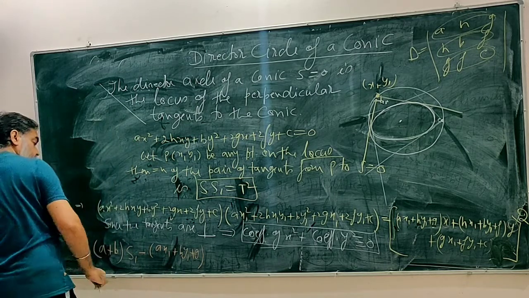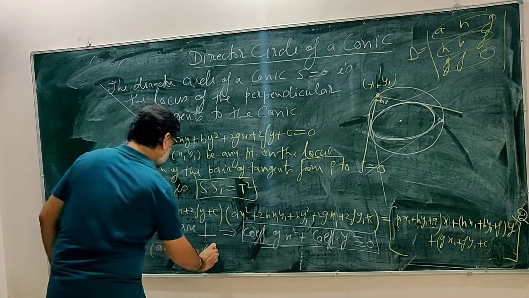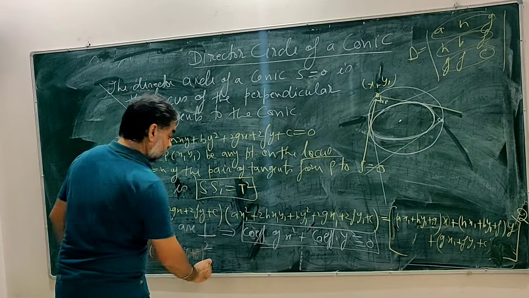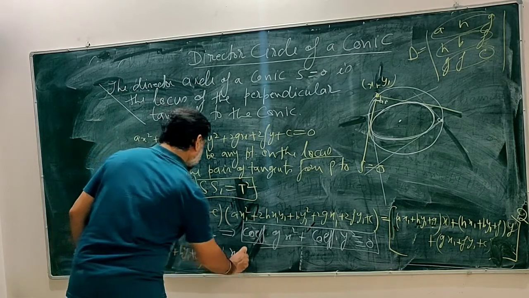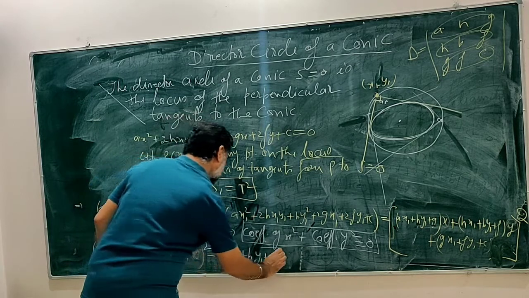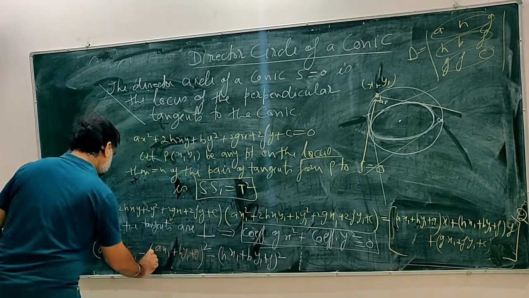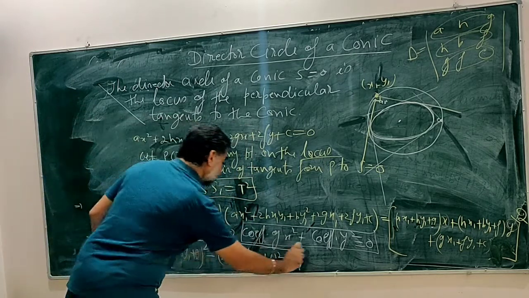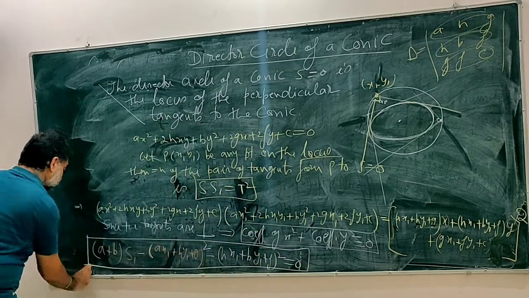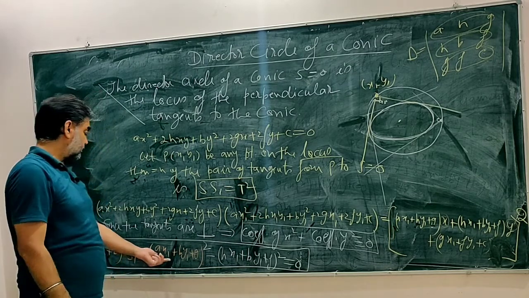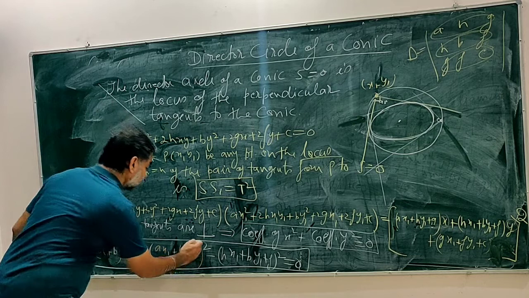square minus (hx1 plus by1 plus f) square equal to 0. So this gives us (a plus b) into S1 minus (ax1 plus hy1 plus g) square minus (hx1 plus by1 plus f) square equal to 0.